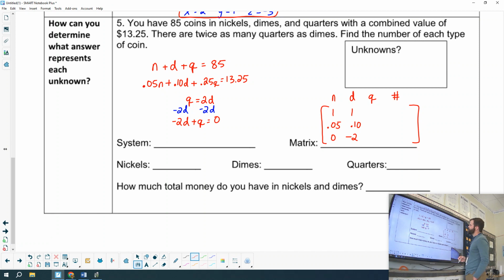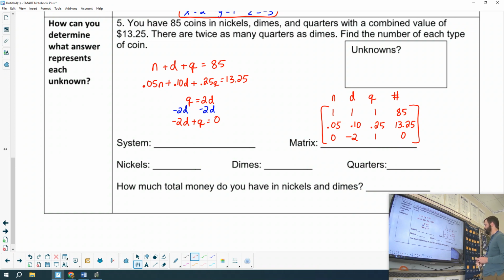For my Q column, I'm going to have 1, 0.25, and 1. And then for my whole number, I'm going to have 85, 13.25, and 0.